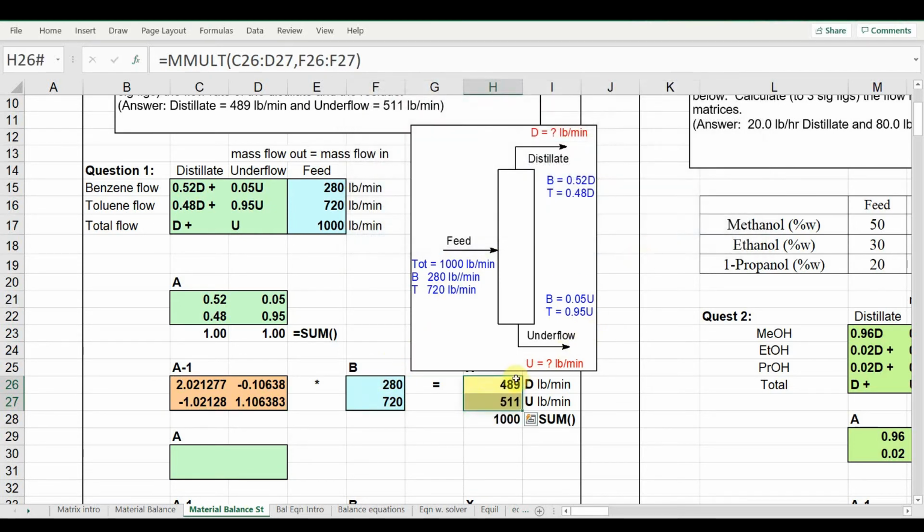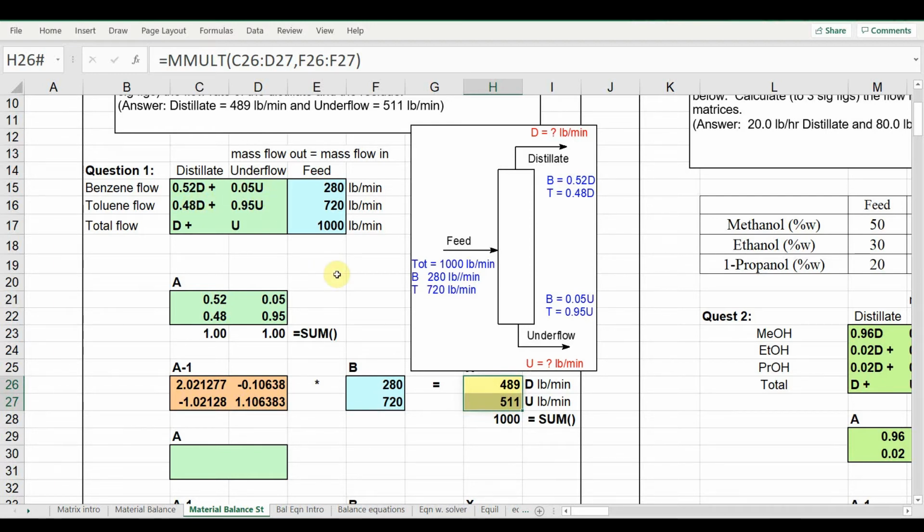And this is the matrix of the variables, 489 and 511. I put a sum function here. It should add to 1,000 because that is the total feed, which would be the total outflow as well, and that works. Now the matrix of the variables is displayed vertically in the same order that we've written them horizontally, top to bottom, left to right. And that's it. It's so easy to use.